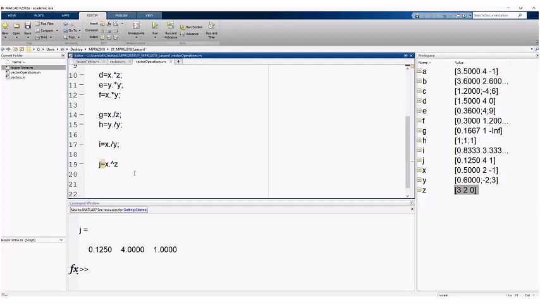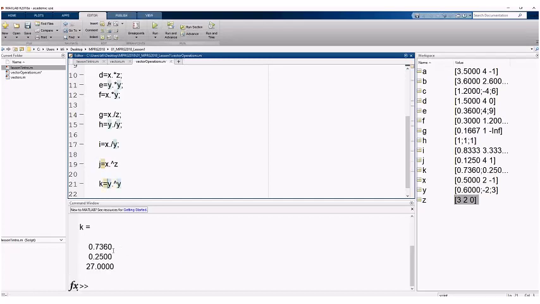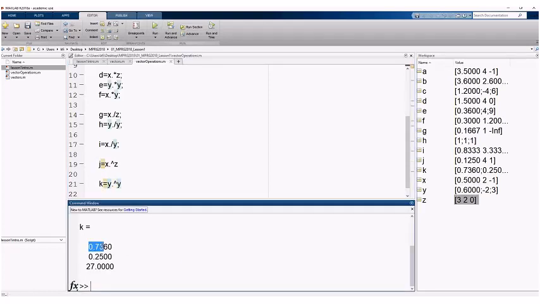Now let's do the same with y, y to the power of y, let's say, which we will save as k. Run. 0.736, which we got from the first element of y to the power of first element of y.